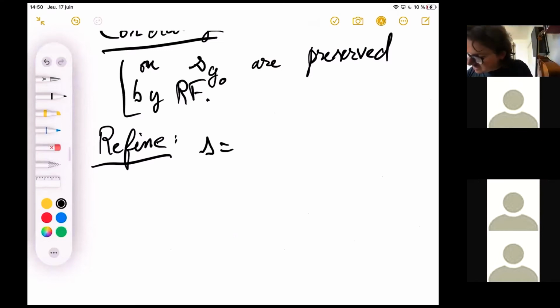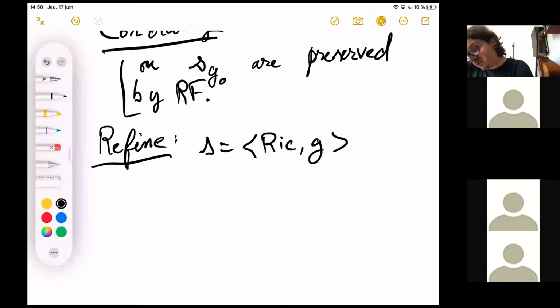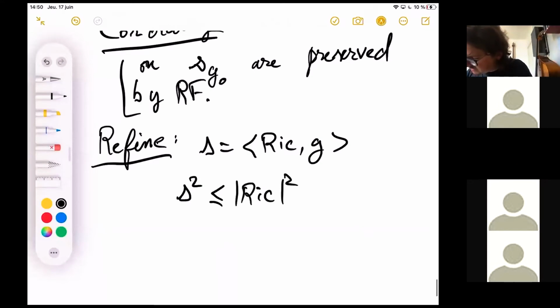The scalar curvature in terms of matrices is just the inner product of the Ricci curvature and the matrix g. So you can apply the Cauchy-Schwarz inequality.